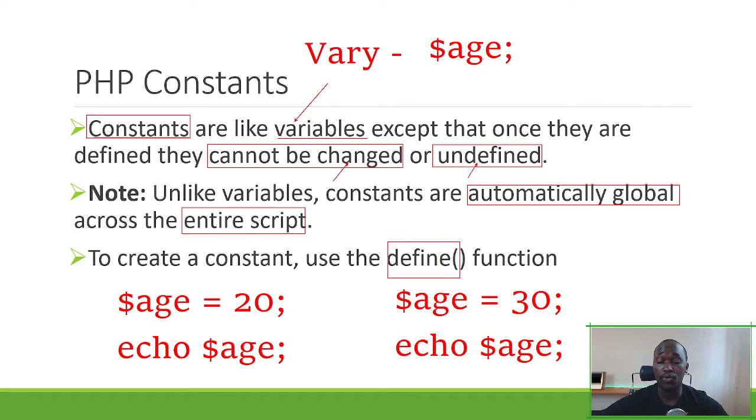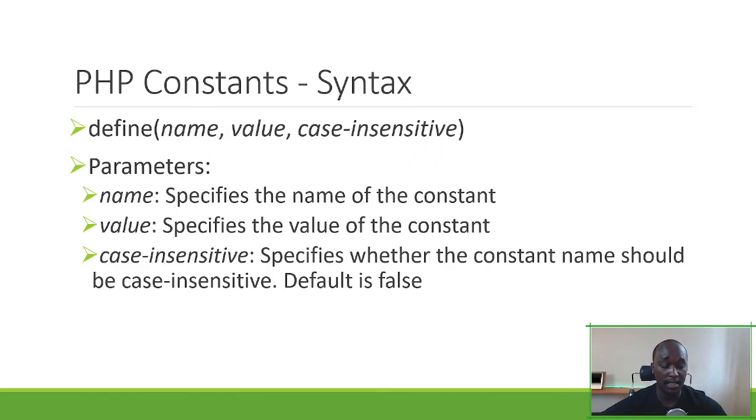Now, to create a constant, you use the define function in PHP. So let's see how that is done. The define function has the parameter name, the parameter value, and another parameter which is a Boolean value, case insensitive. The first one is the identifier, the name of the constant. The second one is the value you want to assign it.